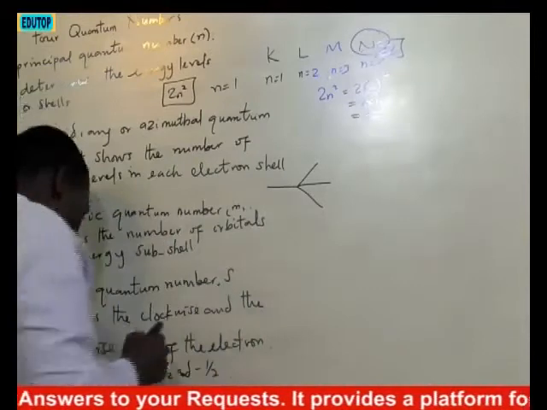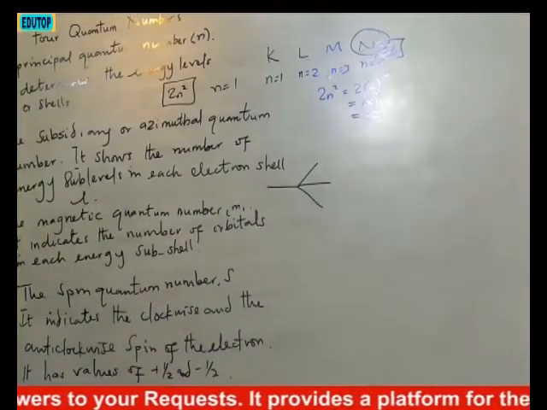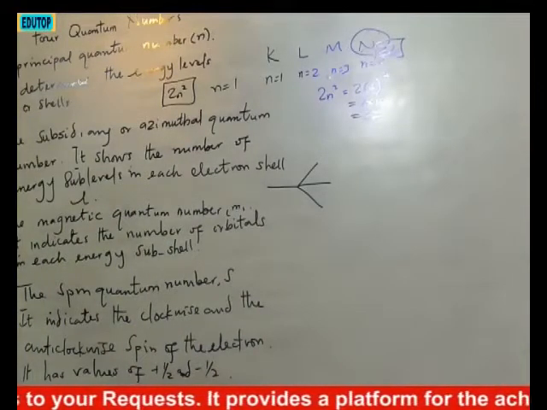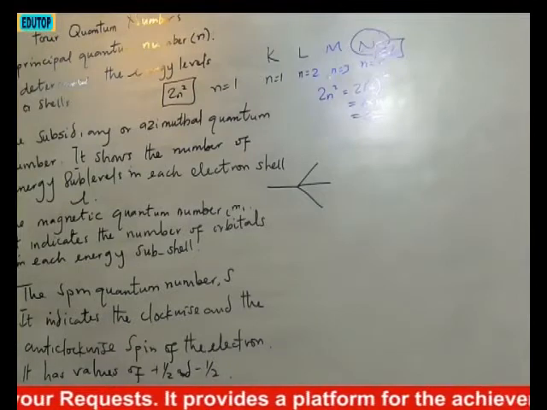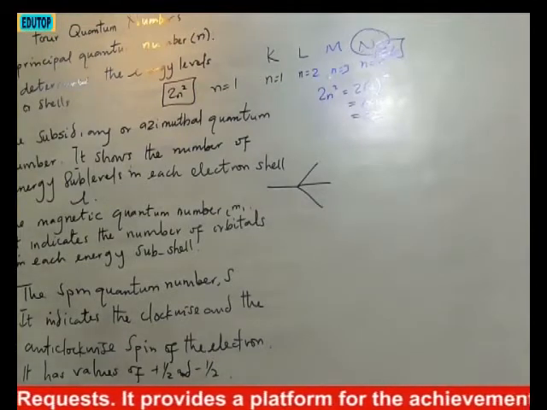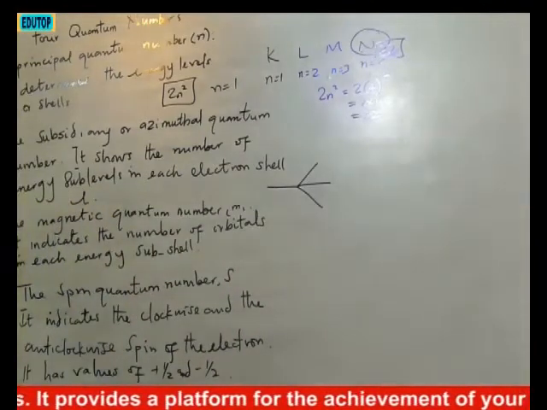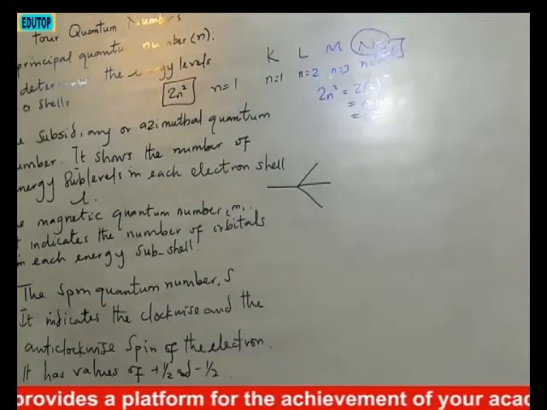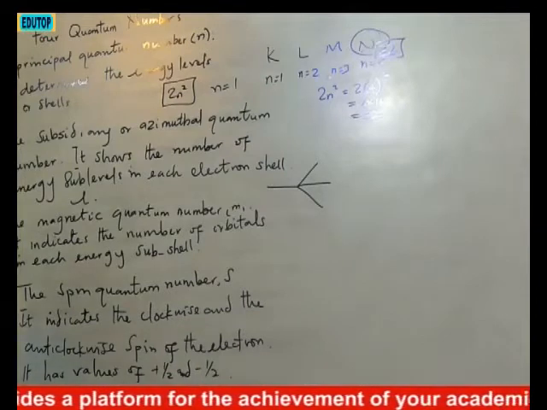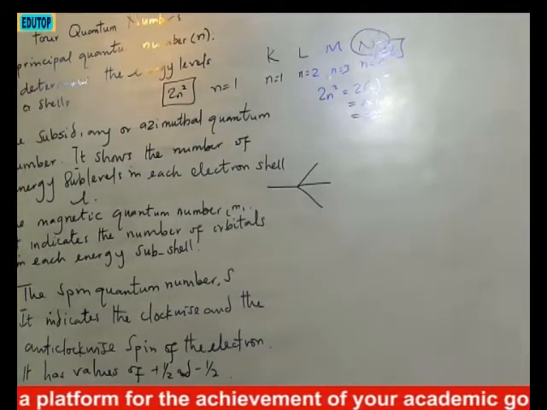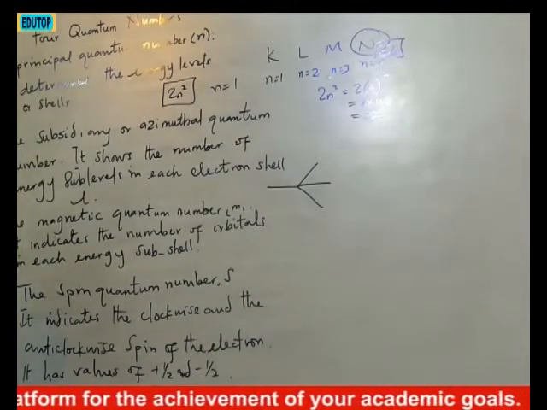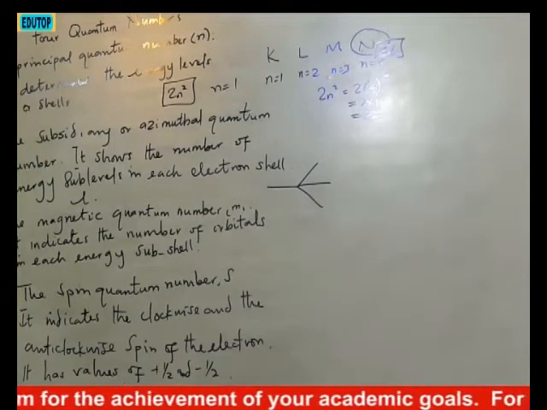That is what the subsidiary or the azimuthal quantum number is talking about. Then the third one is the magnetic quantum number. It indicates the number of orbitals in each energy subshell.